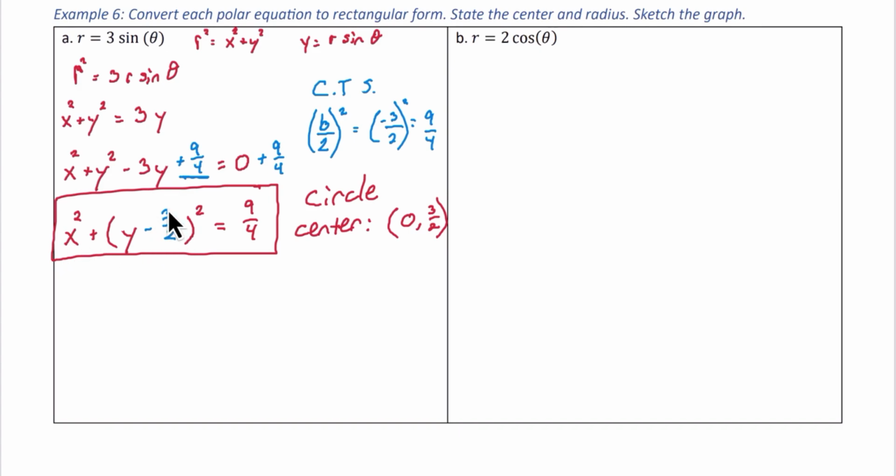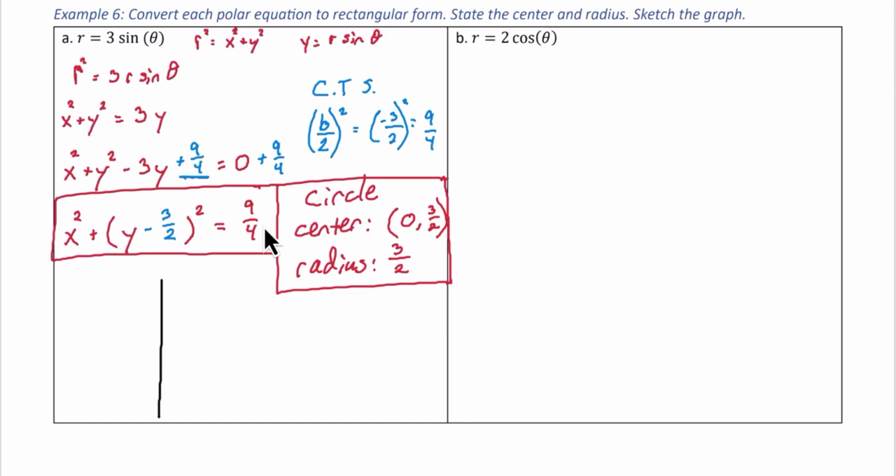We want to take the opposite of what we see to plug in for the center. Then the radius of that circle is going to be the square root of this constant. The square root of 9 is 3, the square root of 4 is 2. So we have a circle centered at 0, 3/2 with a radius of 3/2. If we wanted to sketch that graph, we could get a quick sketch.